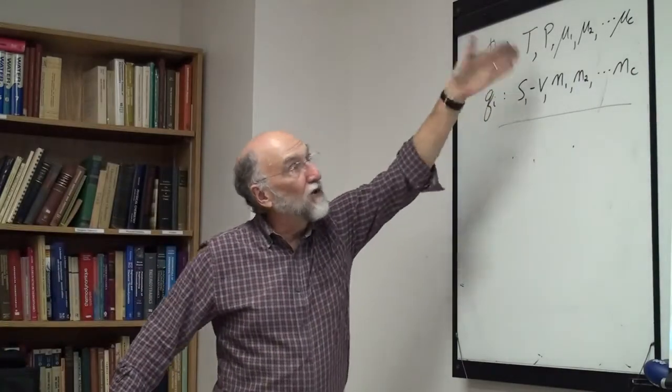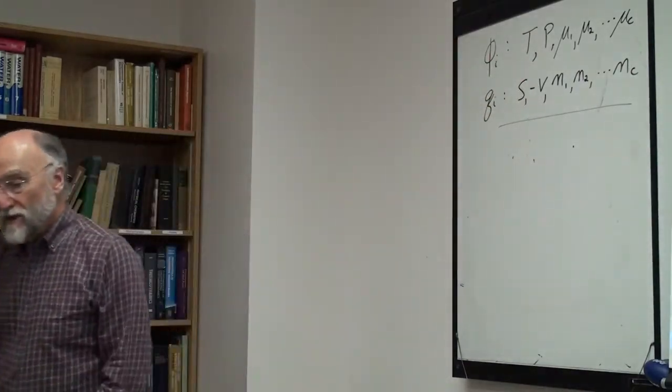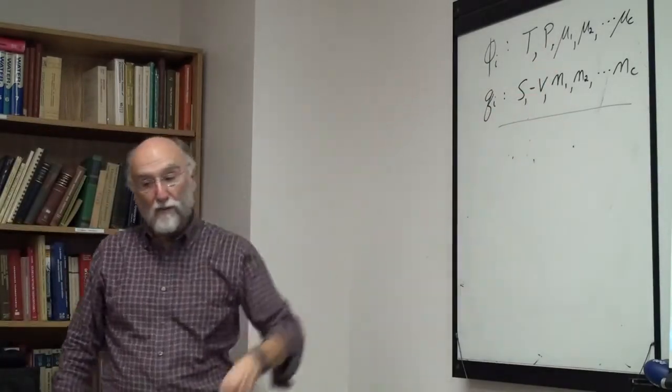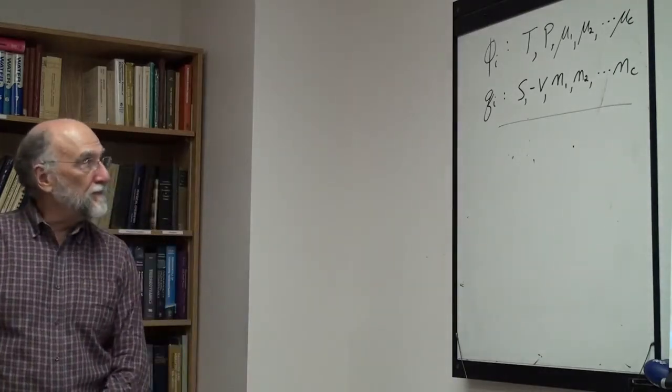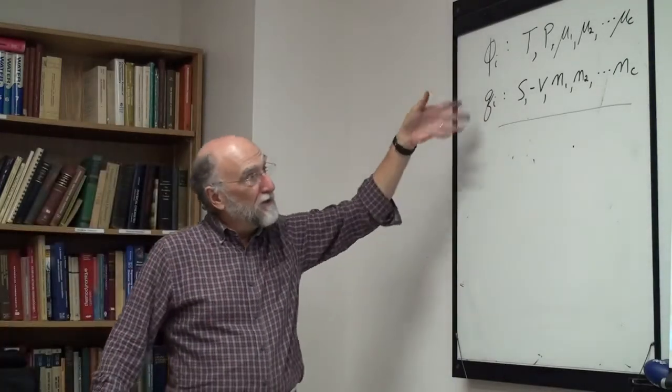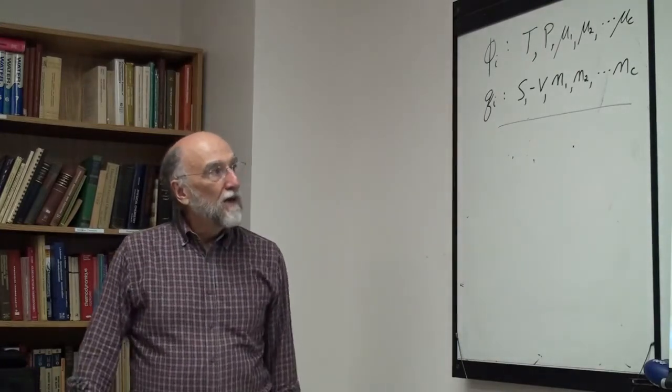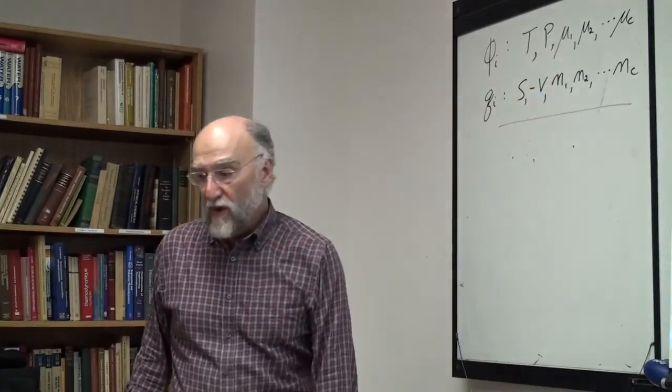Each potential has a corresponding extensive quantity that's transported down a potential gradient. Phi i is dU/dQi. From each corresponding pair, you choose one and only one.